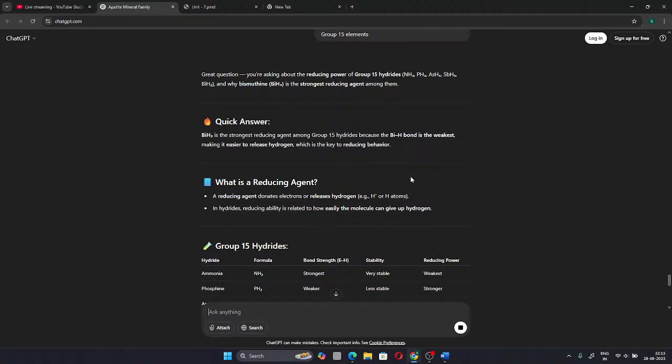One more way of oxidation: oxidation is not only loss of electrons and reduction is not only gain of electrons. Oxidation we can define as the addition of oxygen or removal of hydrogen. Reduction we can define as addition of hydrogen and removal of oxygen. In such a case, with bismuth hydride, where the Bi-H bond is the weakest, we can easily oxidize it by removing the hydrogen.